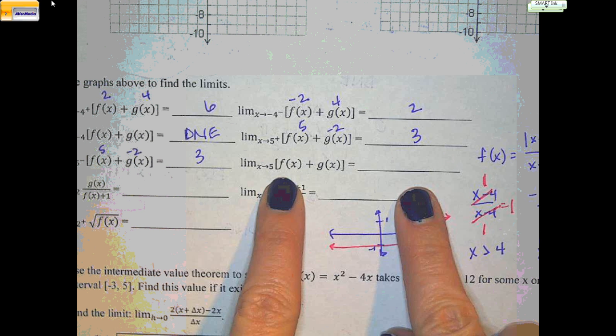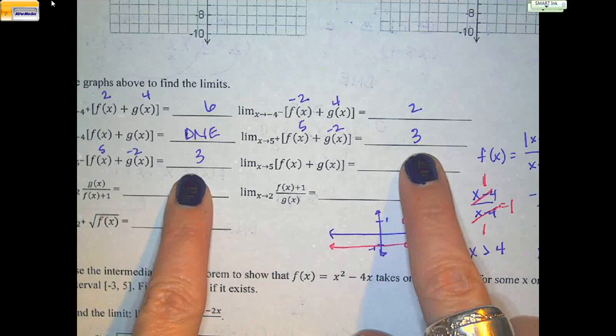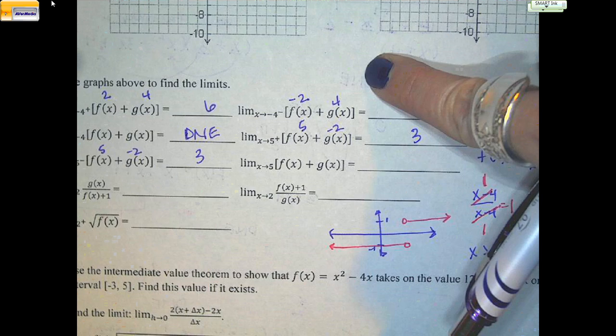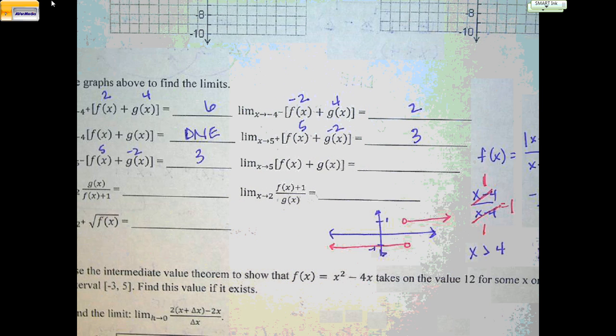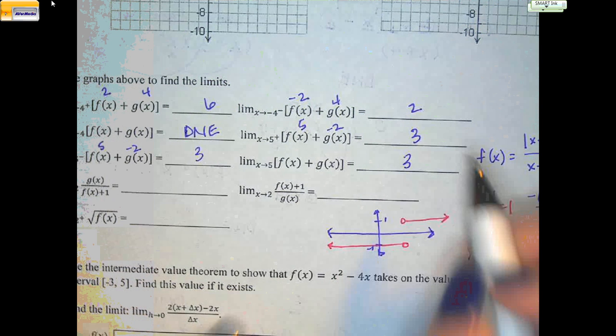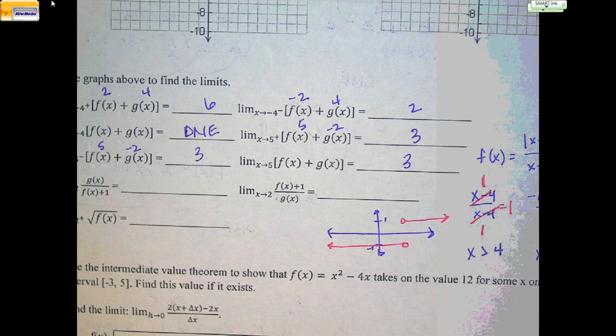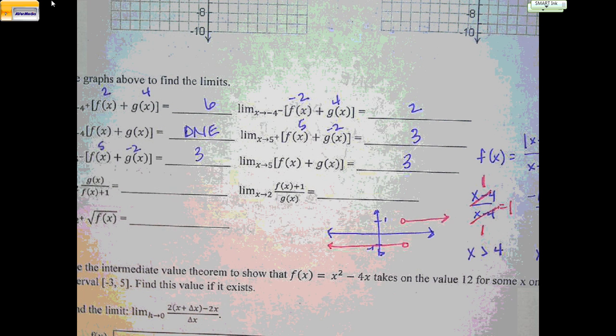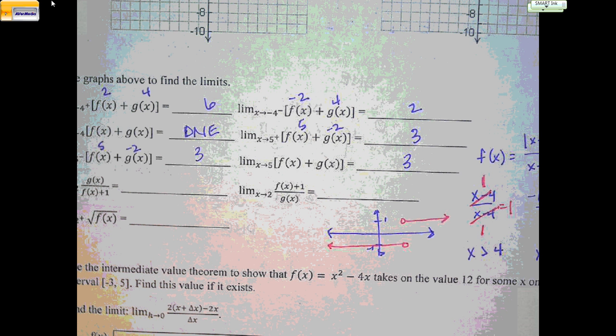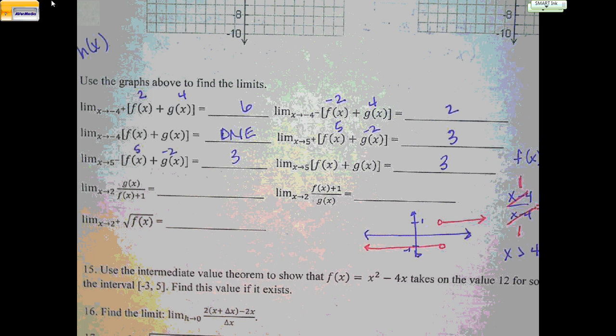Don't look at the graphs. Look at your previous two answers. If I come from the right toward 3 and from the left toward 3, the answer is what? 3. Does everybody see the difference in those problems? Yes, ma'am. So basically, if the previous answers don't match, does not exist. Correct. Yes, exactly. Because it's talking about a third equation that we don't have.